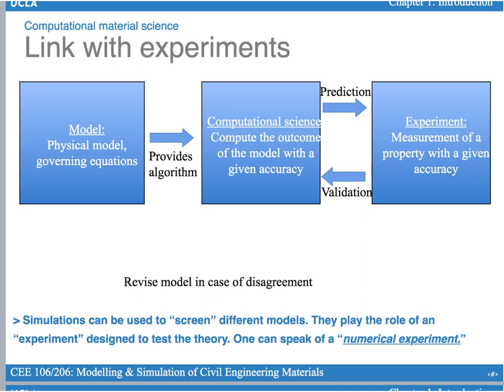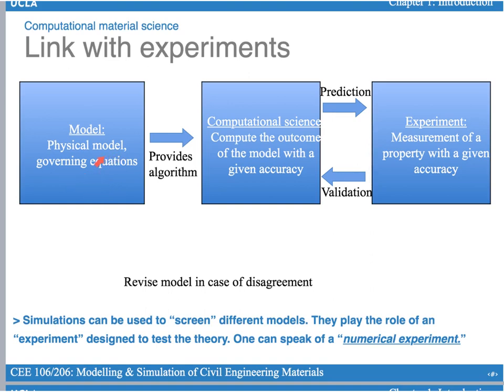So to summarize, simulations are really a part of material science that allows you to make some connection between theory and models and experiments. The typical step that you will follow is to start by observing by experiments a given system and to try to build a model, and this model will be a simplification.